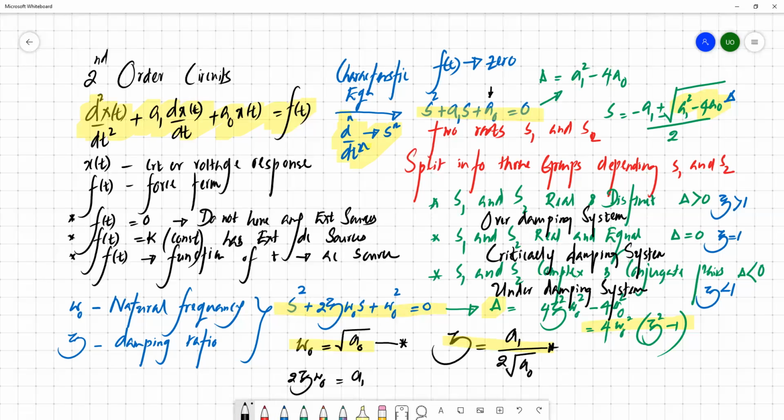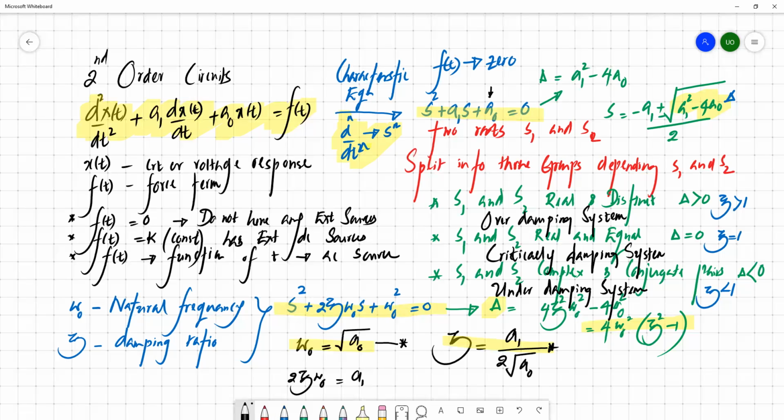If zeta is greater than 1, this is a system with an overdamping scenario. Zeta equal to 1 becomes a critical damping scenario. Less than 1 becomes an underdamping scenario. Depending on this damping, you will end up with three types of responses.